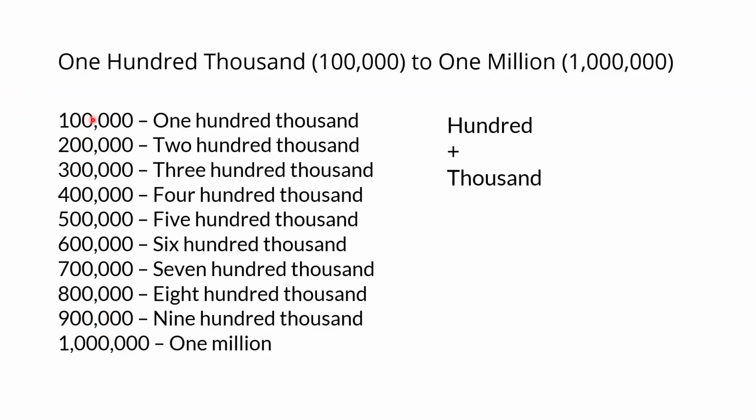So we have 100,000, it goes from 1 to 999. So we have 100,000, 200,000, 300,000, 400,000, 500,000, 600,000, 700,000, 800,000, 900,000, and then 1 million.